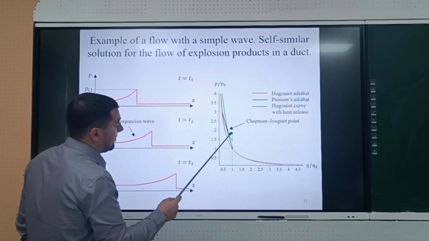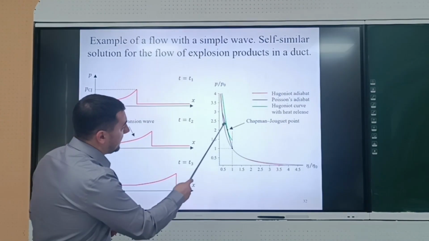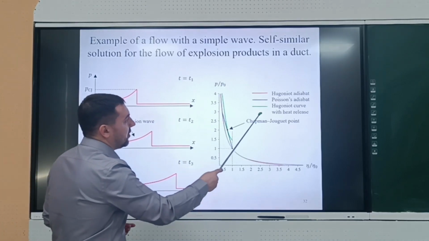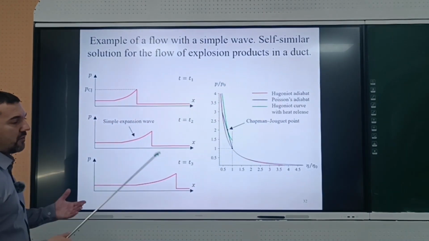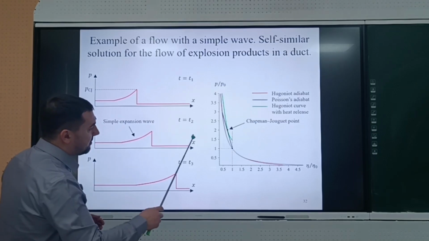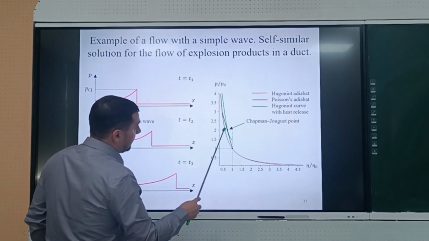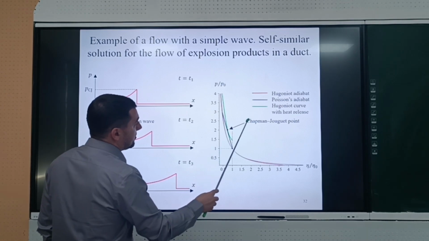It can be shown that if we take into account instantaneous heat release behind the shock wave, then we will get this green curve. The green curve corresponds to the Hugoniot curve with heat release. It corresponds to all possible states of gas behind the shock wave with instantaneous heat release. And it's possible to prove that if we plot this tangent line from the initial state to this green line, it will be a point called the Chapman-Jouguet point.